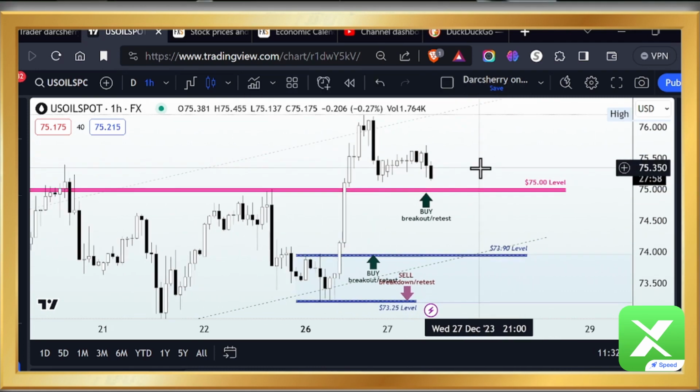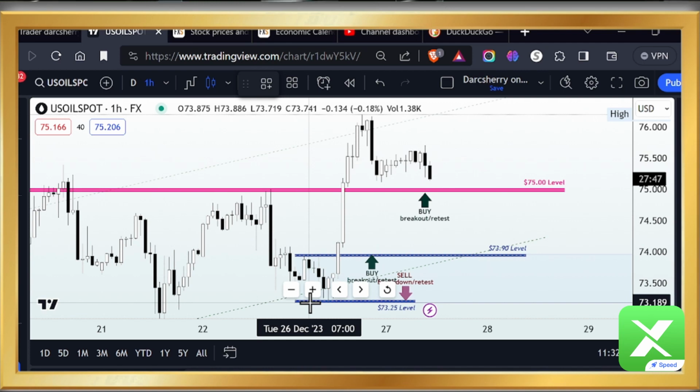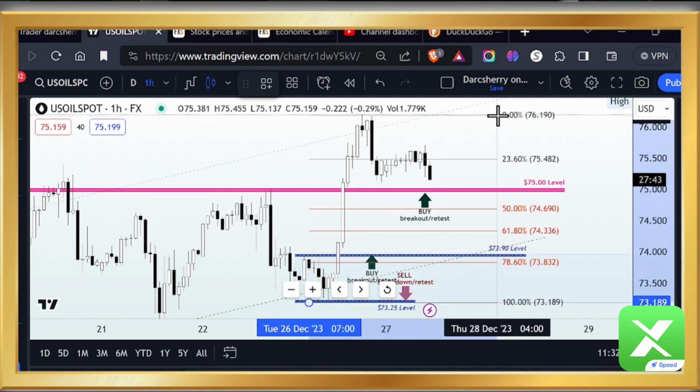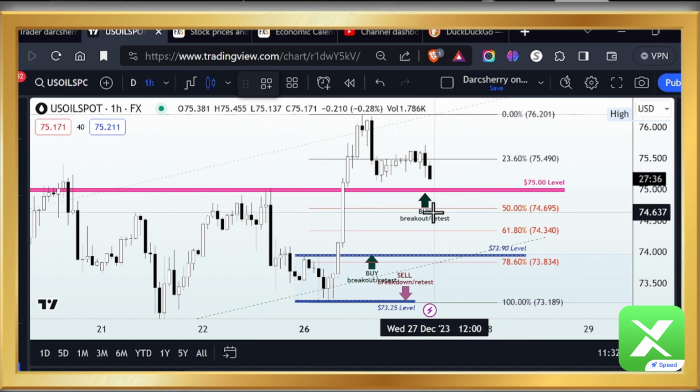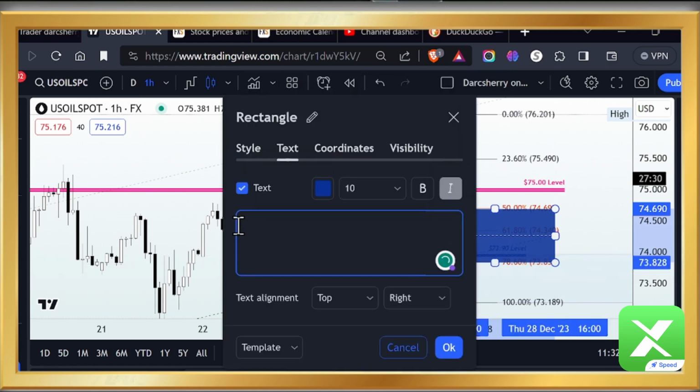Now, to further make this a little bit simpler for us, let's project the potential area where we think this retracement phase will end before the uptrend continuation happens. So if we bring out our Fibonacci retracement tool, run it through the previous impulse leg, we should be having something like this, and we aim at that area between the 50 and the 78.6% of the previous impulse leg, which happens to be our golden zone area.